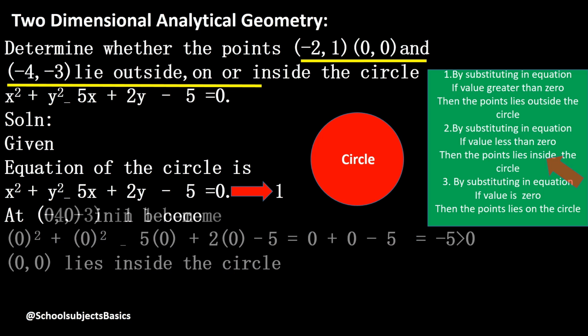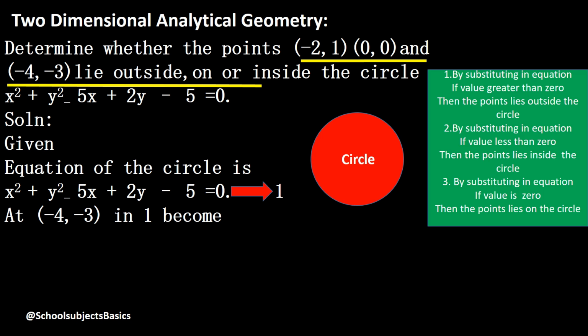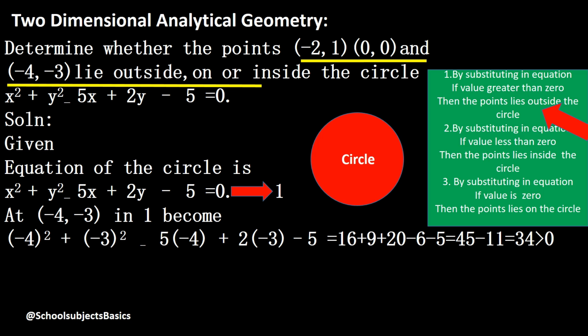Next we will substitute (-4, -3). In equation 1, in place of x we put -4 and in place of y we put -3. We get (-4) whole square plus (-3) whole square minus 5 into -4 plus 2 into -3 minus 5. (-4) whole square is 16, and (-3) whole square is plus 9, and -5 into -4 is plus 20, then -6 minus 5.